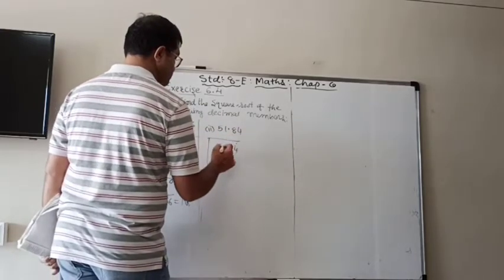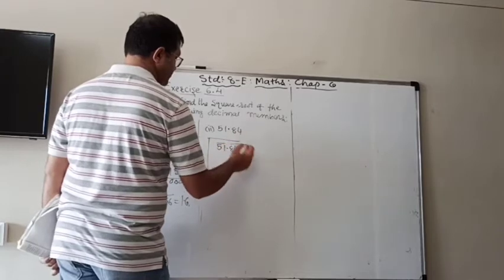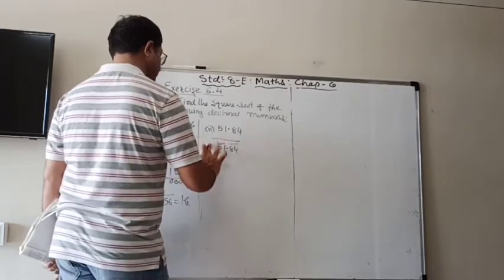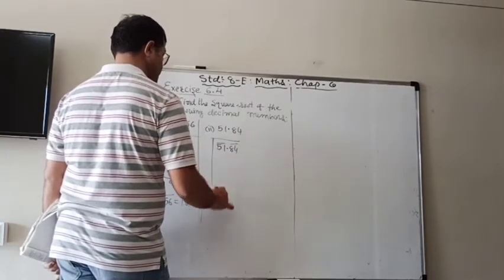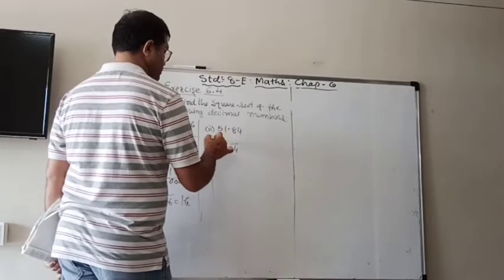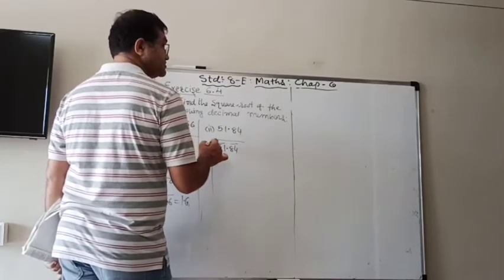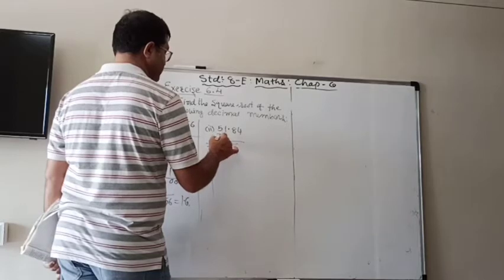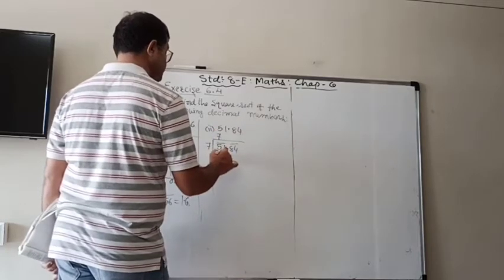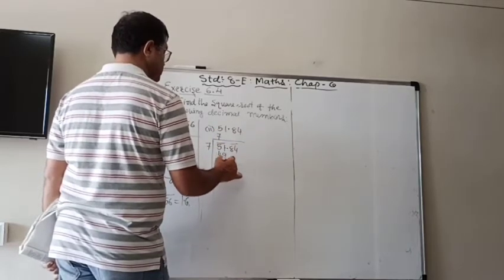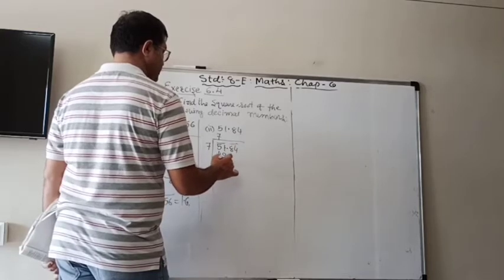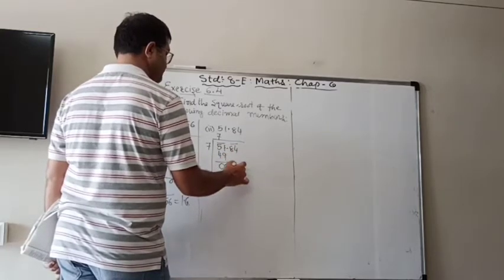So now from this side and from that side. 51 now. Seven sevens are 49 because 8 eights are 64. So 2 is the remainder, then 84.